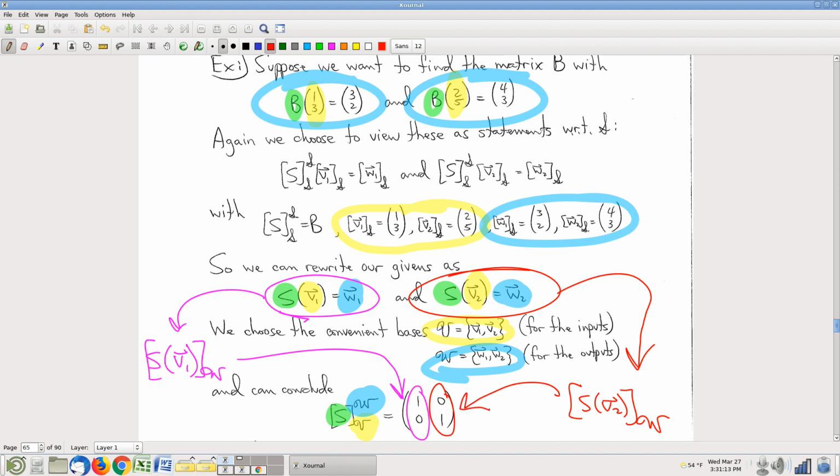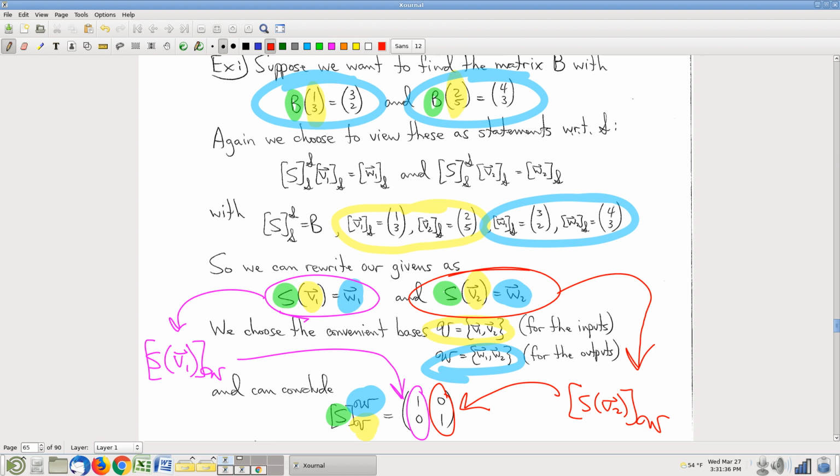Well, I've arranged it for S of V2 to be something that I know. It's W2. And I've furthermore arranged for that thing, W2, to be easy to understand with respect to the script W basis. W2 is 0 W1 plus 1 W2, and thus this second column is (0, 1).